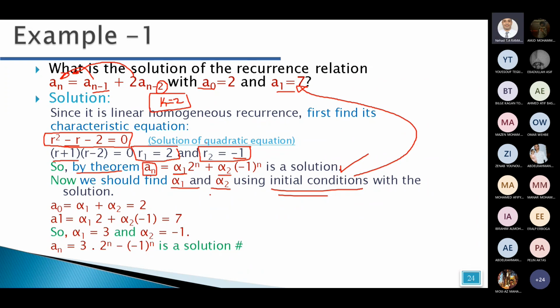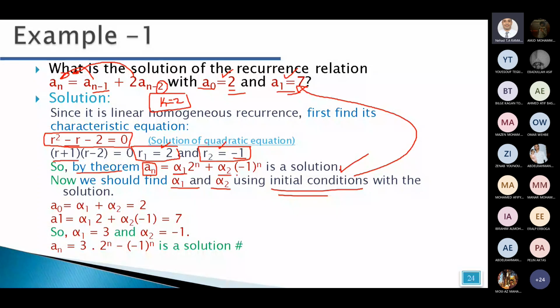You have to know that the number of solutions of the characteristic equation must be at least the same as the number of initial conditions to get these constants, because to get two constants we need two initial values.